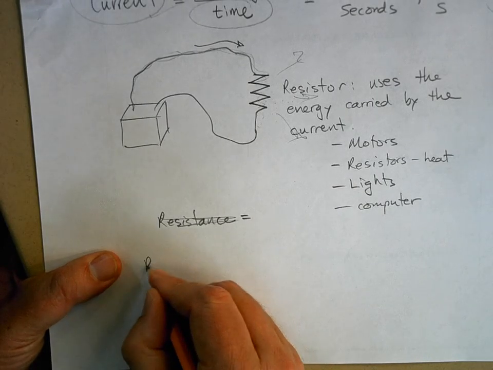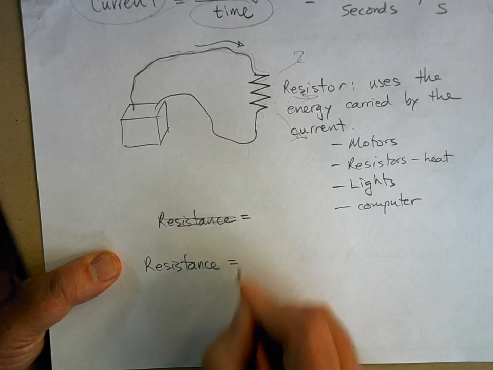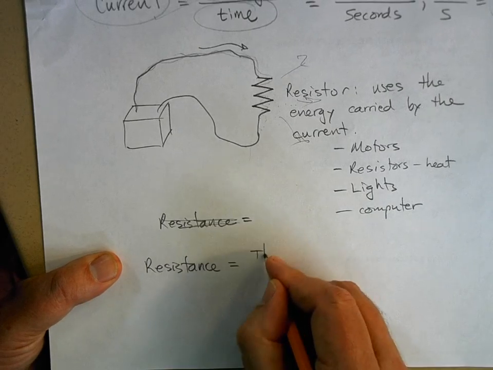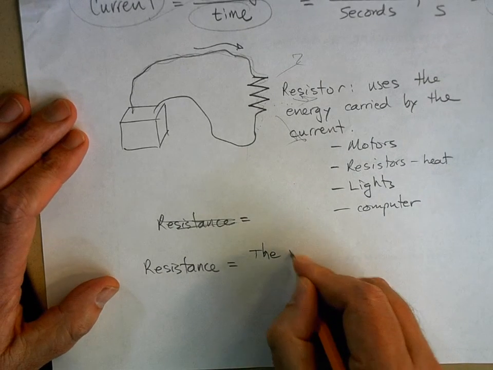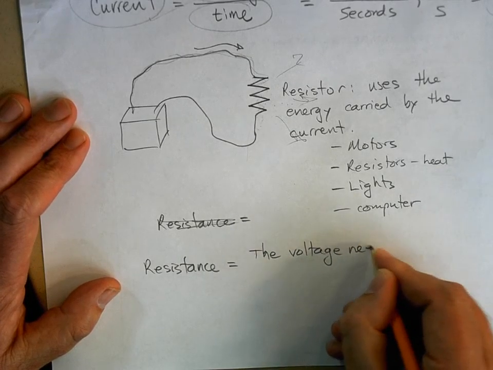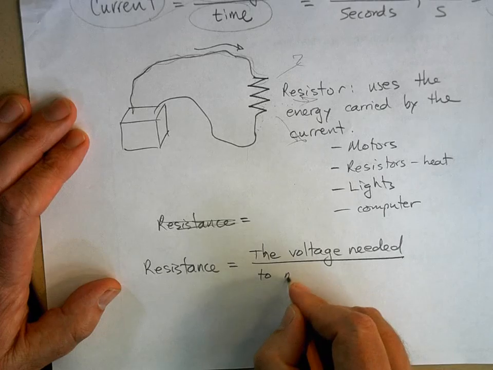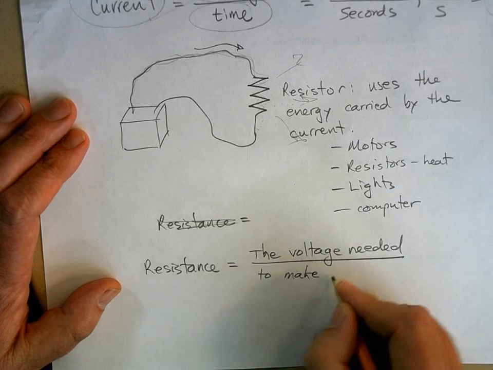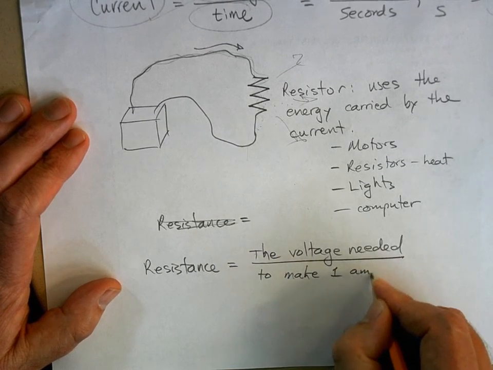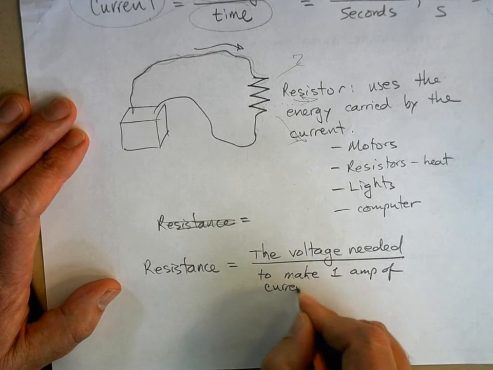Resistance: the voltage needed to make 1 amp of current flow.